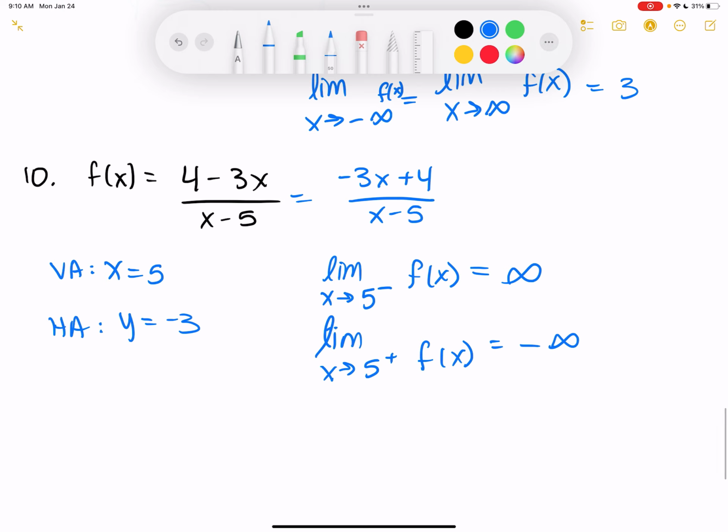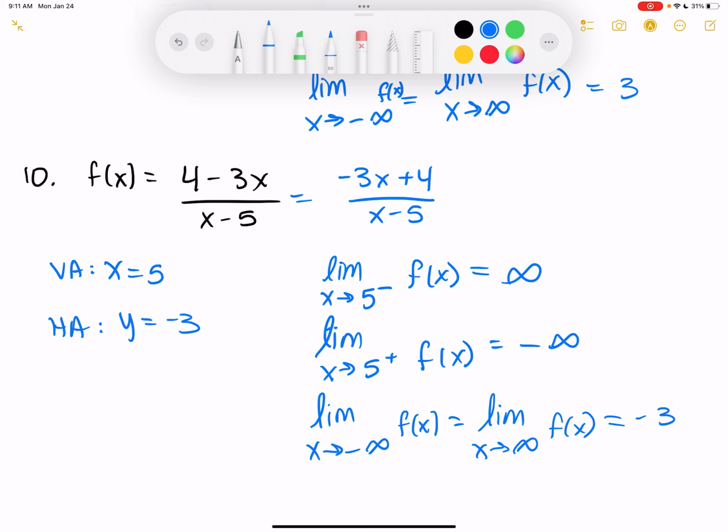And then your limit as x approaches negative infinity of f of x is equal to the limit as x approaches infinity of f of x is equal to what? -3. That's not that bad.